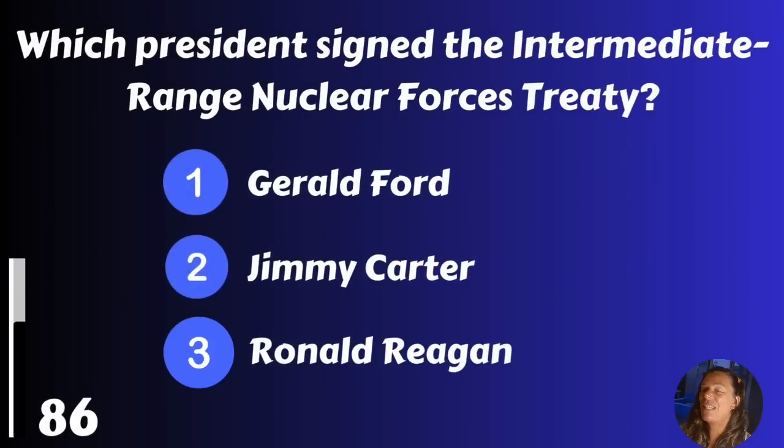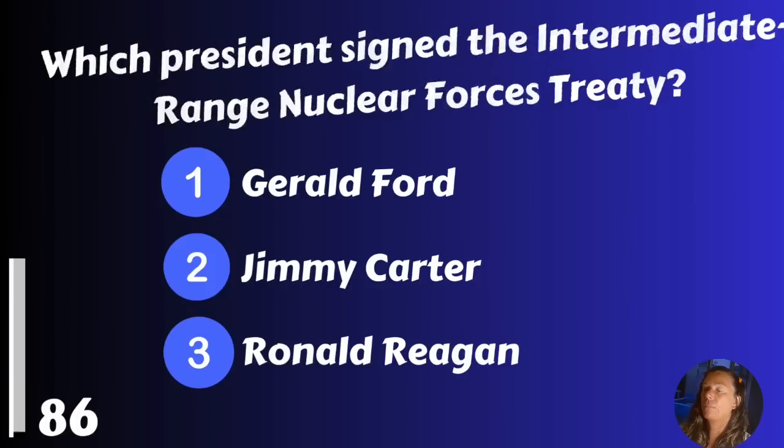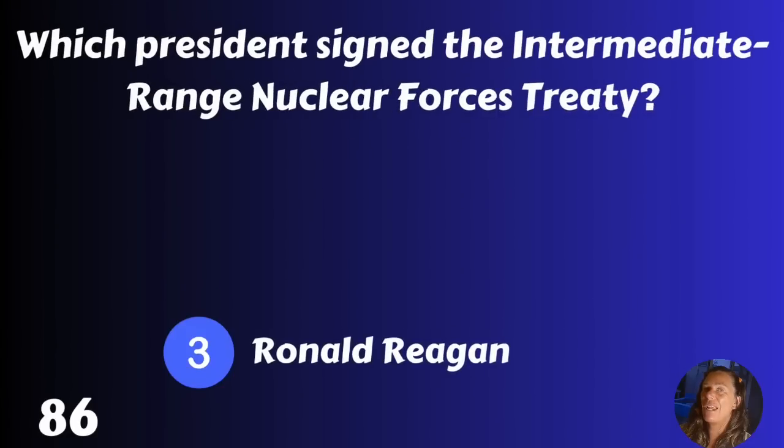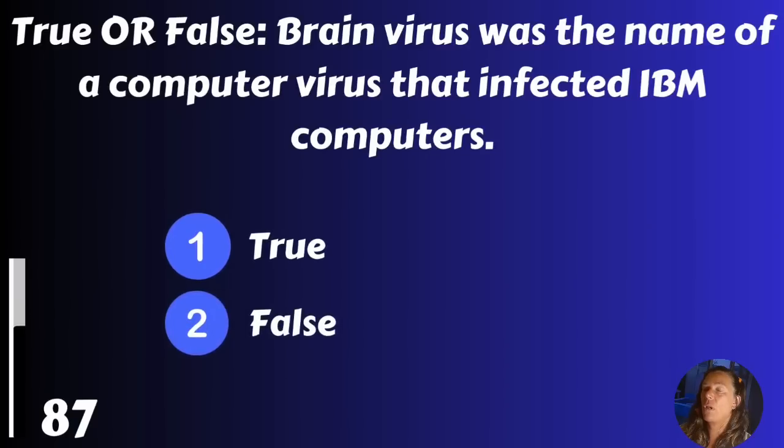Which president signed the Intermediate Range Nuclear Forces Treaty? Gerald Ford, Jimmy Carter, or Ronald Reagan? Ronald Reagan. True or false? Brain virus was the name of a computer virus that infected IBM computers.